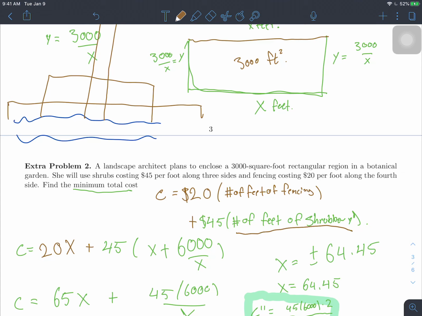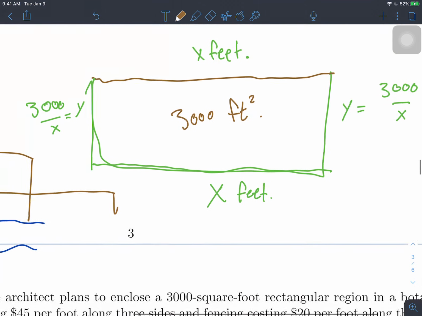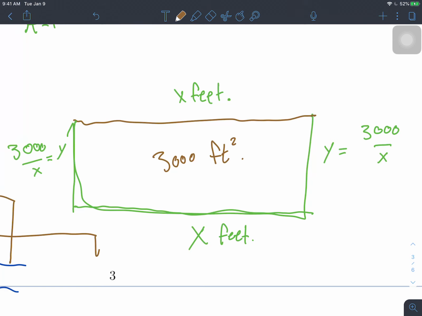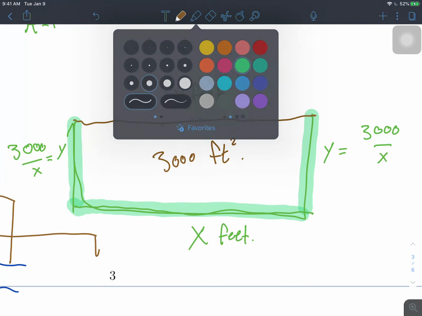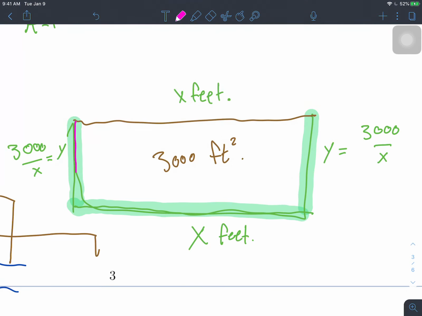Mm-hmm. So let's go to my drawing here. I want to count up how many feet of shrubbery I have. I know that on this side I have x feet of shrubbery. I have 3,000 over x feet of shrubbery here, and 3,000 over x feet of shrubbery here. So if I want to know how long this entire green path is, I should count how long is this thing?